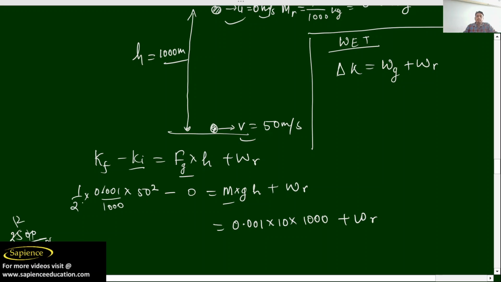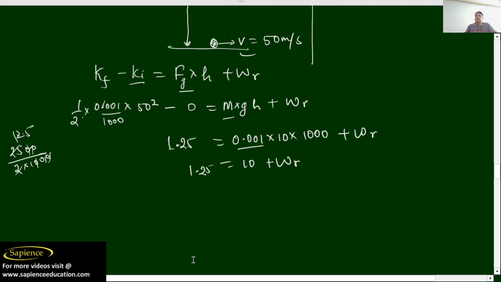It will be 12.5 divided by 10, that is 1.25. And this is 10 plus work done by resistive force, and the left side is 1.25.